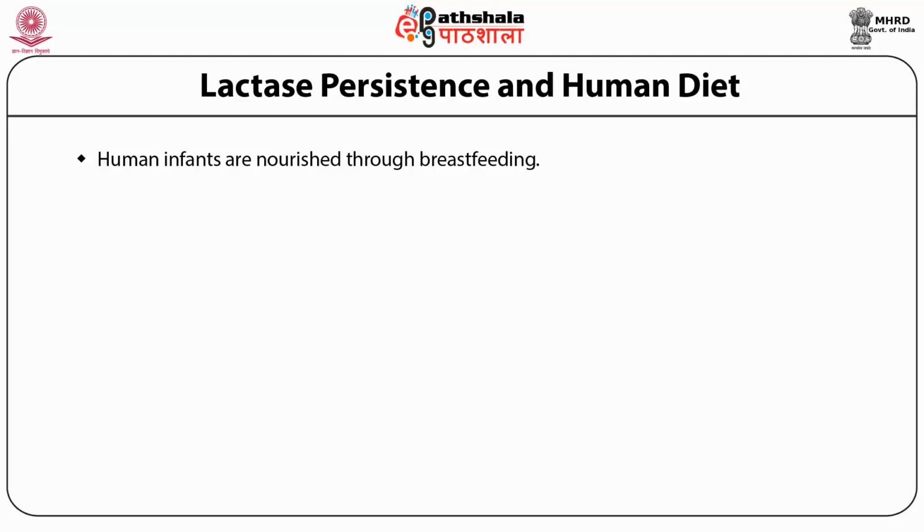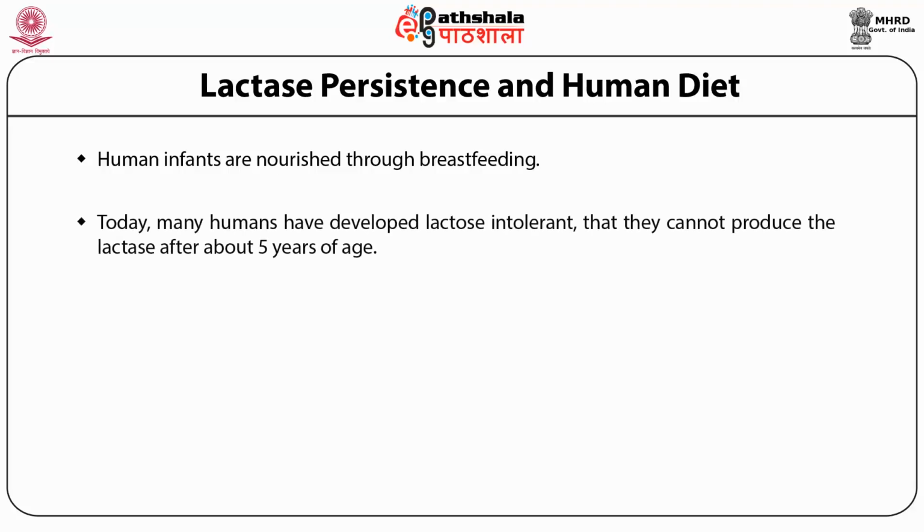After this, the mammal can no longer easily digest lactose. Today, many humans have developed lactose intolerance, so that they cannot produce lactase after about 5 years of age. The physical effects of lactose intolerance can vary and include bloating, cramps, distension, and acute diarrhea.